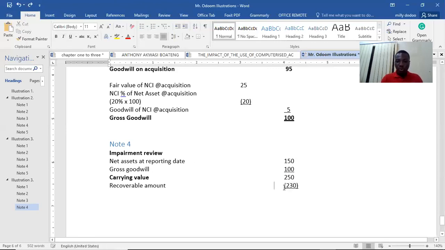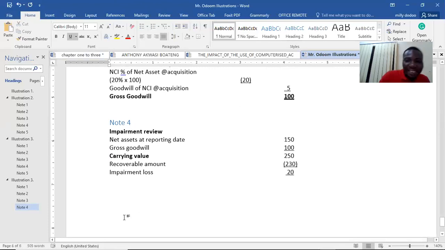If the value in books is 250 and the recoverable amount is 230, then there is a loss. A loss of how much? 20. So we say impairment loss. There is an impairment loss of 20.